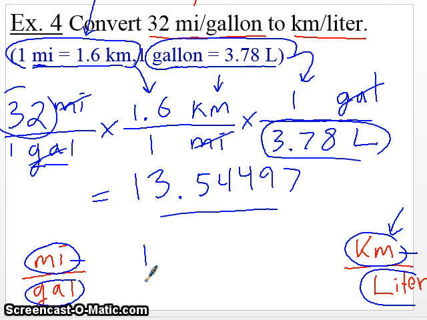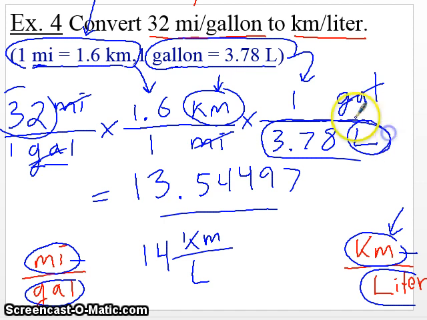Well, because of the 0.5, anything higher than 0.5 will round up. Oh, so we'll go up to 14. Excellent. So 14, what? The units that we want to end up with are kilometers per liter. Notice that kilometers never got canceled out, liters never got canceled out, and that's why we've got kilometers per liter for our final answer.